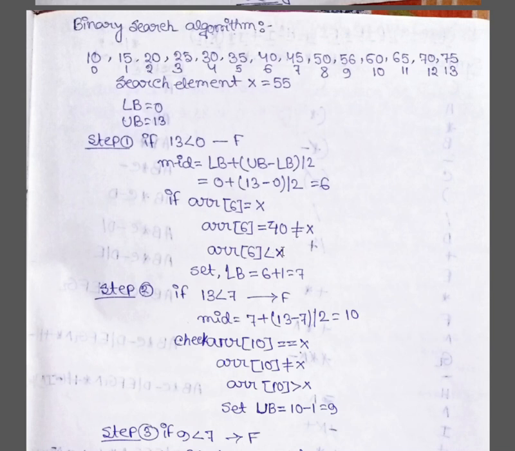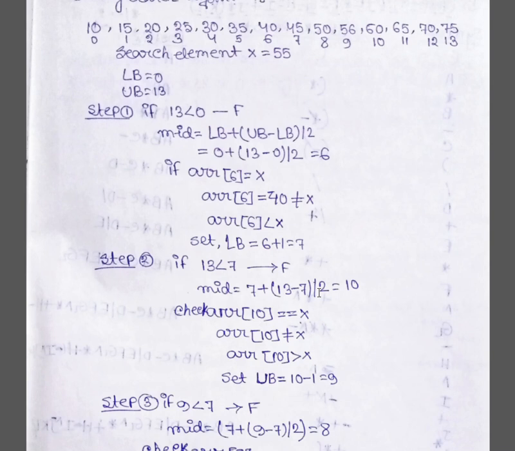But if it is not, then we will mark the lower boundary at the seventh position, that means mid plus one position.